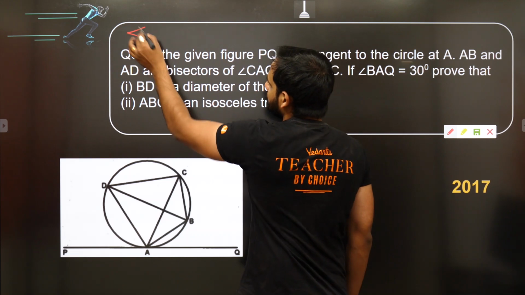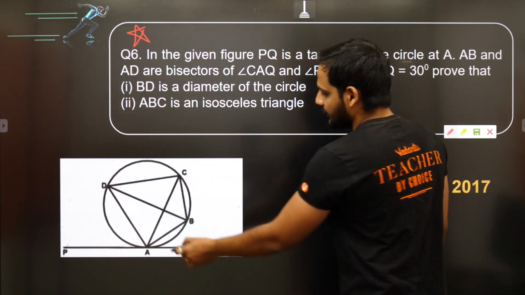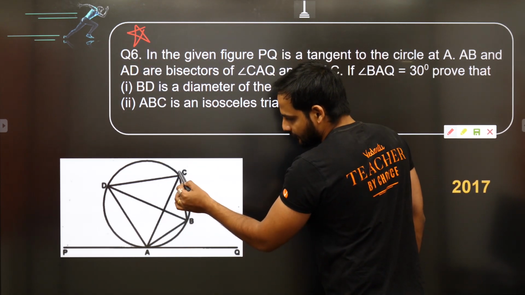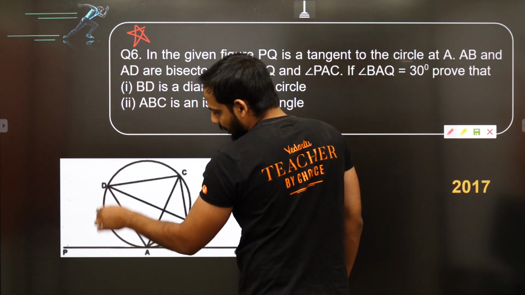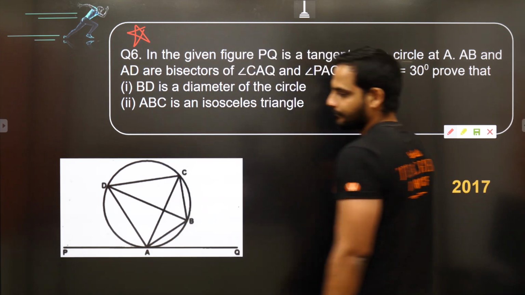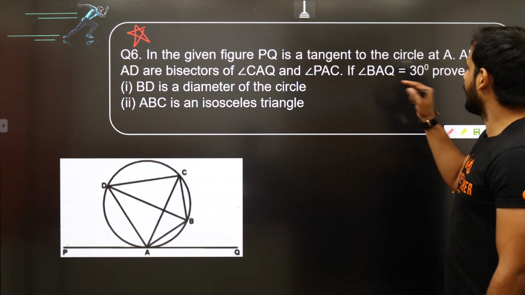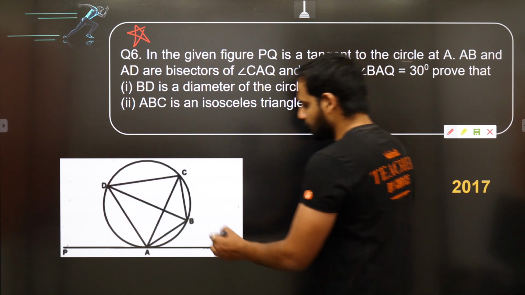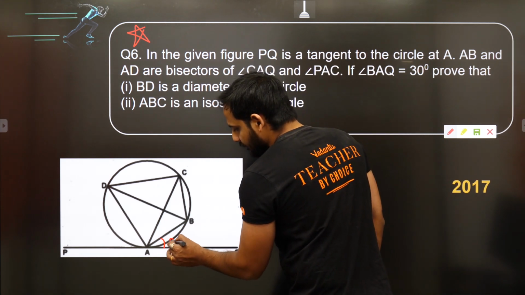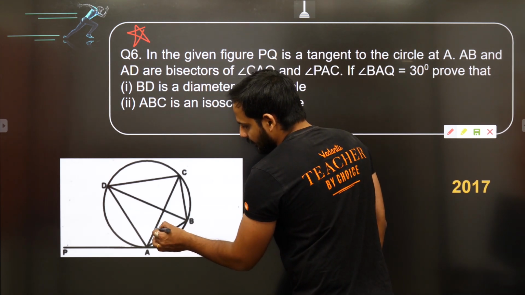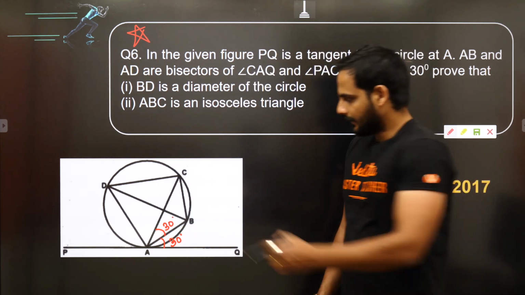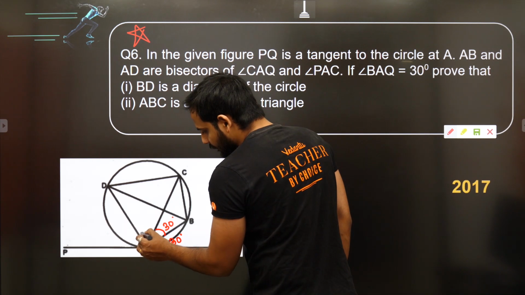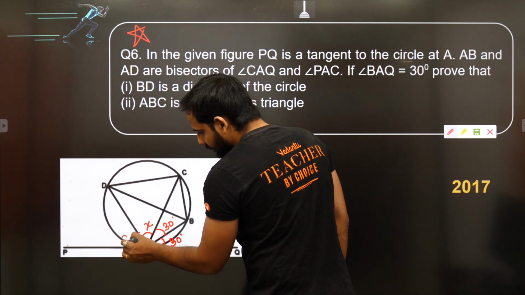What they are saying, beta, is that AB is the bisector of angle CAQ and AD is the bisector of angle PAC. Now they have told us BAQ is 30 degrees. If this is the bisector, I can say this will also be 30 degrees. And AD is a bisector, so let's say this is x and this is x.